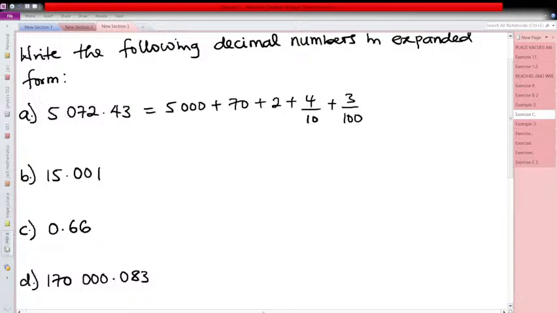Raphael, that is not B. That is not 15,000. That is 15.001, which is equal to 10 plus 5 plus 1 over 1,000.